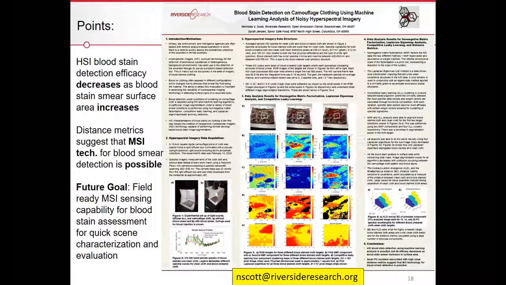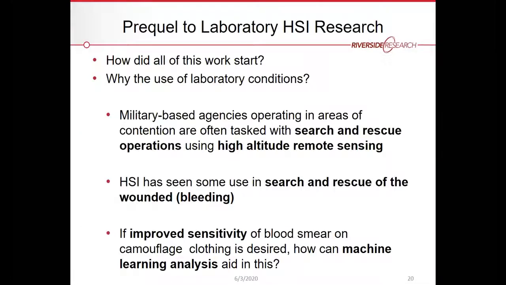Right. I just wanted to give a prequel to where this research actually started. How did all this work start, and why are we using laboratory conditions instead of capturing imagery in the field? I want to talk about a few points.